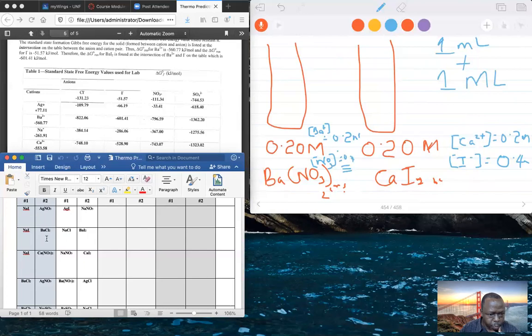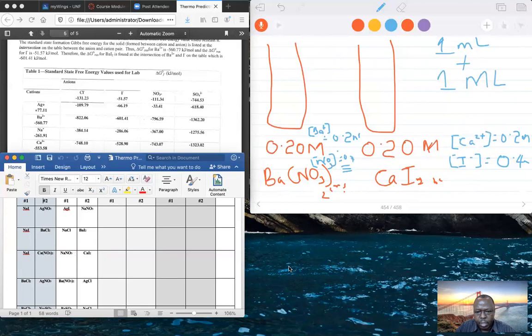I wanted you to pick a combination from me. The reason it's not here is that it's sodium and sodium, you are using the same cation. We should have different cations.